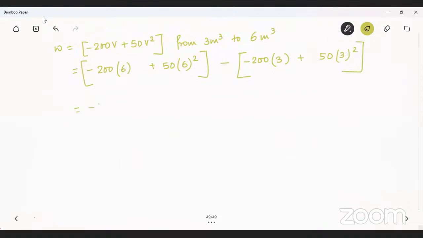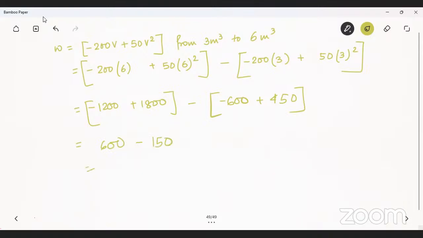So it is minus 1200 plus 1800, minus of minus 600 plus 450.